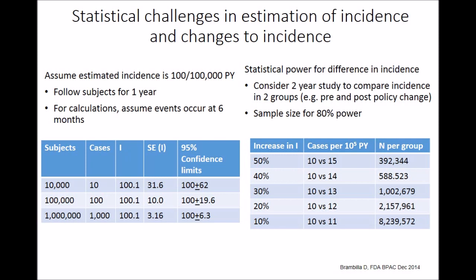And there are two sets of data here. One of them seeks to show what is the standard error when you are doing incidence estimates in relation to the numbers which you have to look at. So if you look at 10,000 donors, and remember, the background of this is actually a very low incidence of events, you get a standard error of 32.